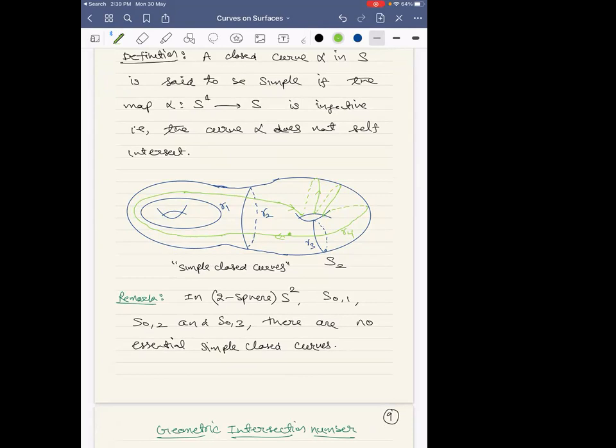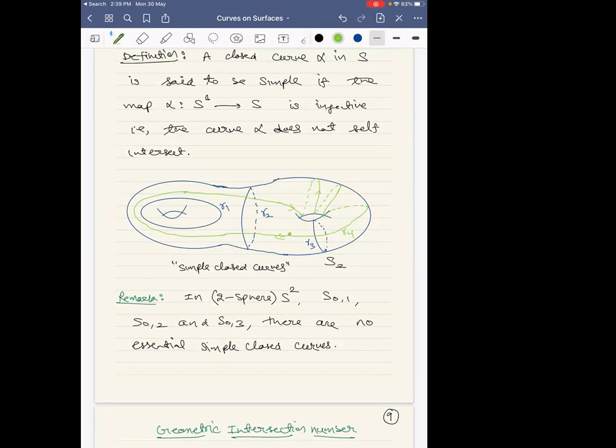Okay. So here is a quick remark. If you look at the 2-sphere S2, or let's say a sphere with 1 boundary component, 2 boundary components, or 3 boundary components, or instead of boundary components, if you say the same about punctures, you will see there are no essential simple closed curves. So maybe spend some time to see why on S2 there is no essential simple closed curve.